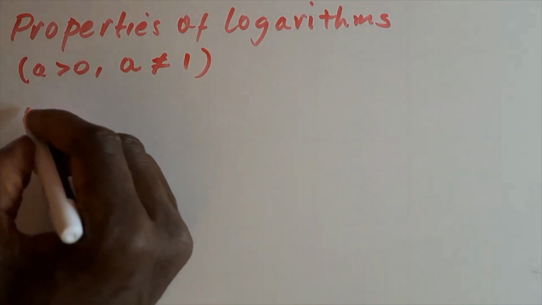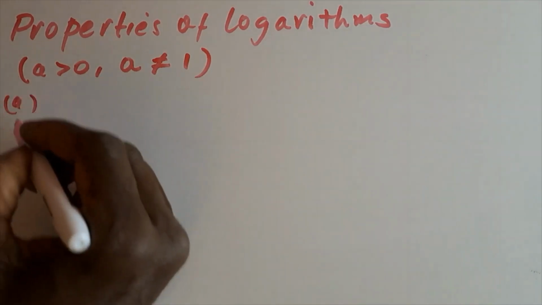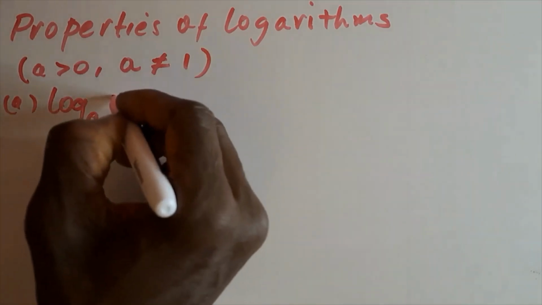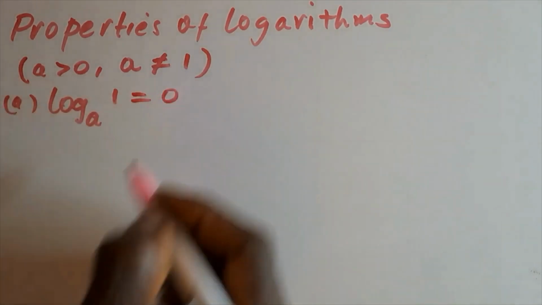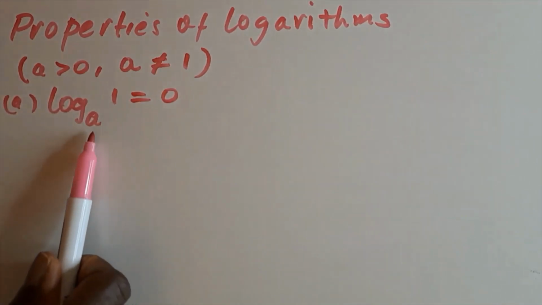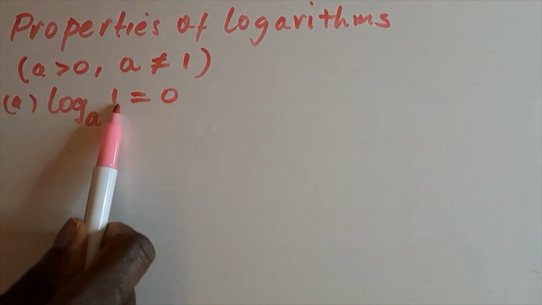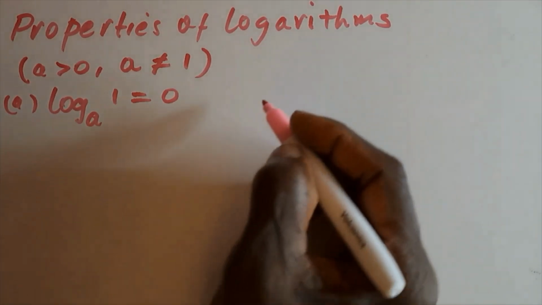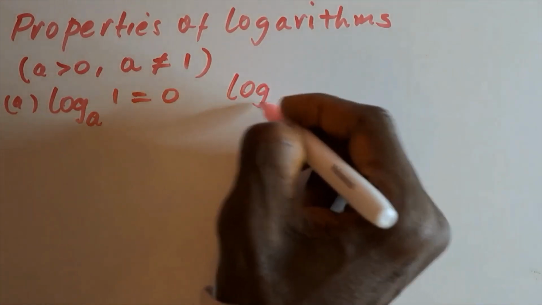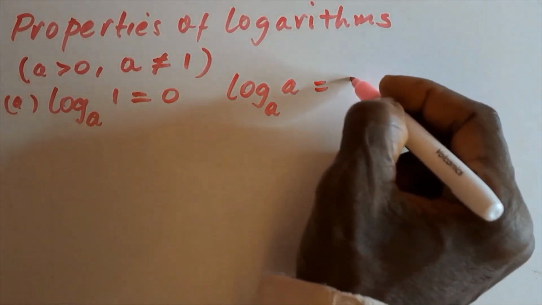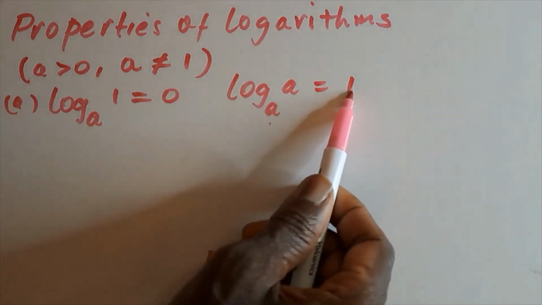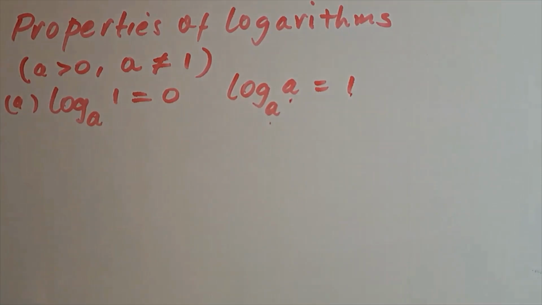So the first property, a, is log to the base a of 1 is equal to 0. This is saying if you raise a to the power of 0, our answer is 1. Some of you might be familiar with this, and log to the base a of a equal to 1 is saying a raised to the power of 1 is a.